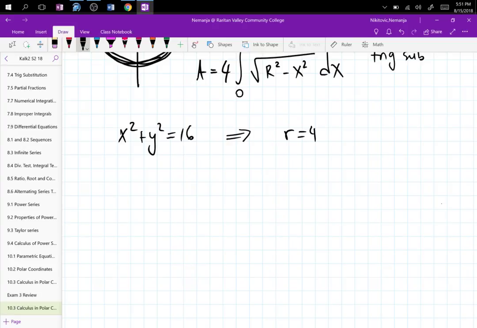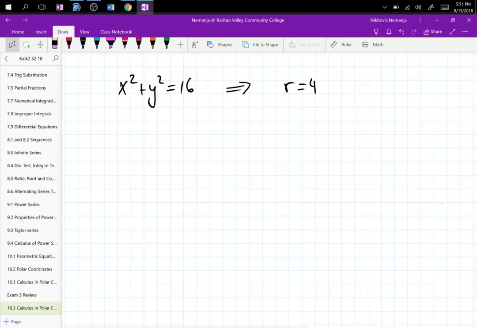And this is the reason why we want to learn polar coordinates, because something that is hard and annoying to do in the Cartesian system, polar coordinates should provide us a very easy alternative. So, here is the formula. Area is equal to 1/2 integral from alpha to beta, because we are using angles now, right?